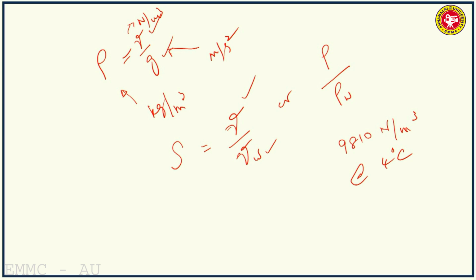So instead of this, if you are using mass density, if you use mass density of oil, then you compare with the mass density of water. So rho W you put as 1000 kilogram per meter cube. Okay, and get the specific gravity. So I am not going to the final answers. I leave it to you as an assignment to work out the values.